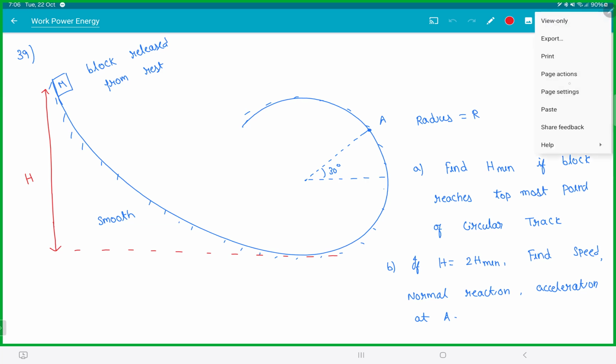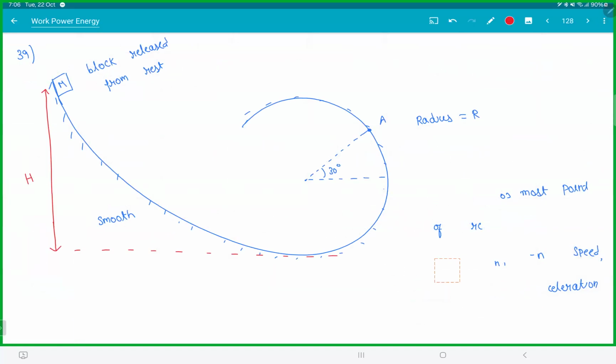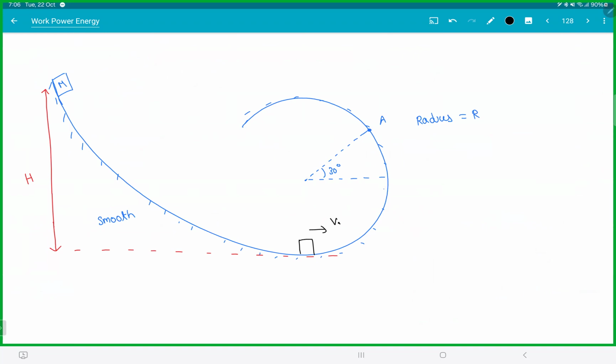Look at the first part. Since you're completing the circle, when this block reaches the lowest position, it should have minimum speed root 5gr. We already derived this in the last session. So if you have at least this much speed, you'll complete a vertical circle. This is state 2.